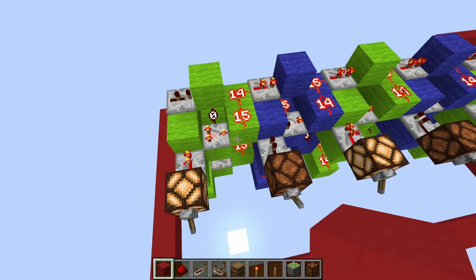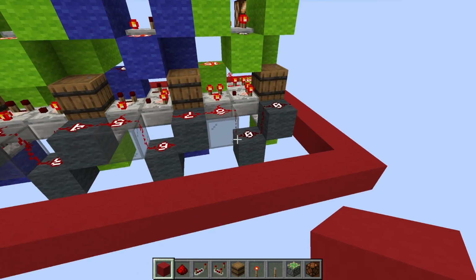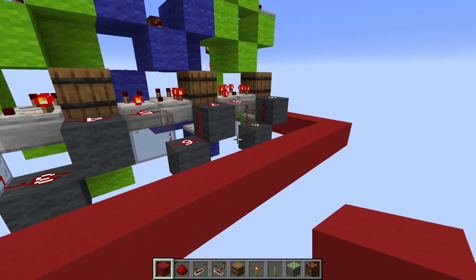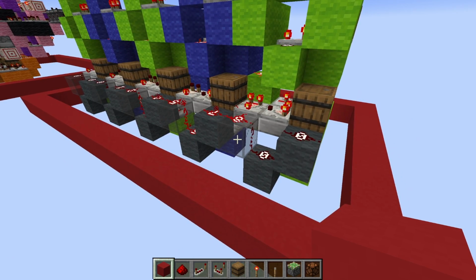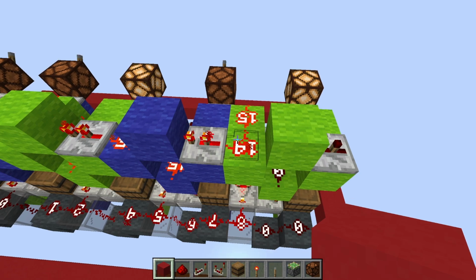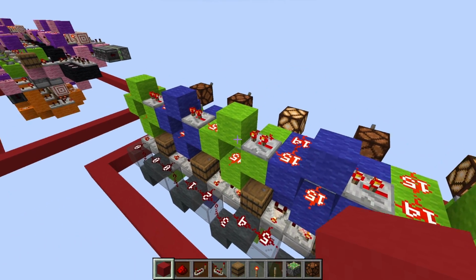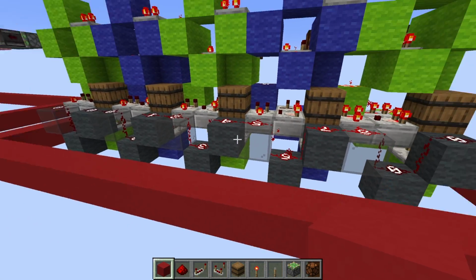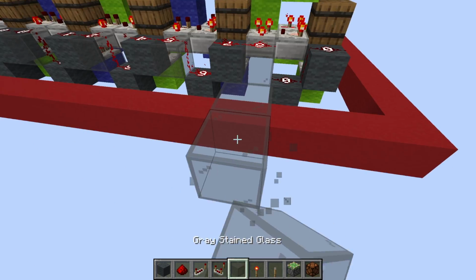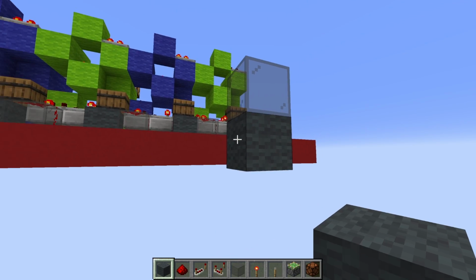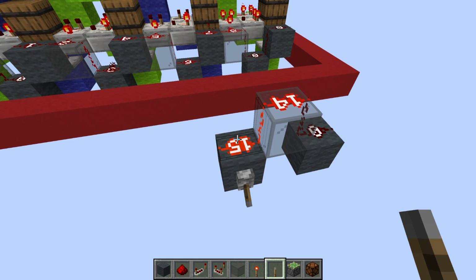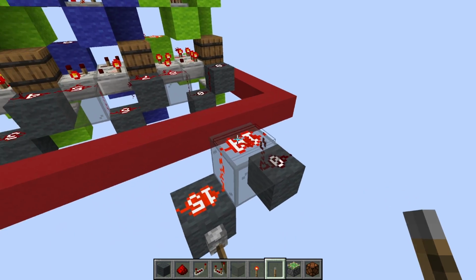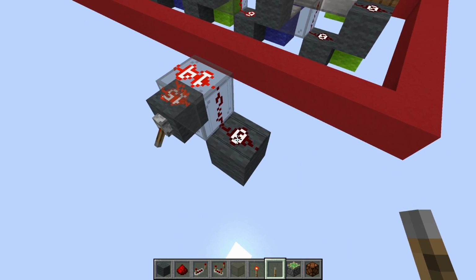Now, speaking of directional lines, you may have noticed that back here, these blocks over here are glass. Now, they're actually glass for a very specific reason. You see, a really easy way to get a directional line is to just do a repeater chain. But you can also do this sort of pattern here because redstone has this interesting property where it is able to travel up the side of a transparent block, but not able to travel down.